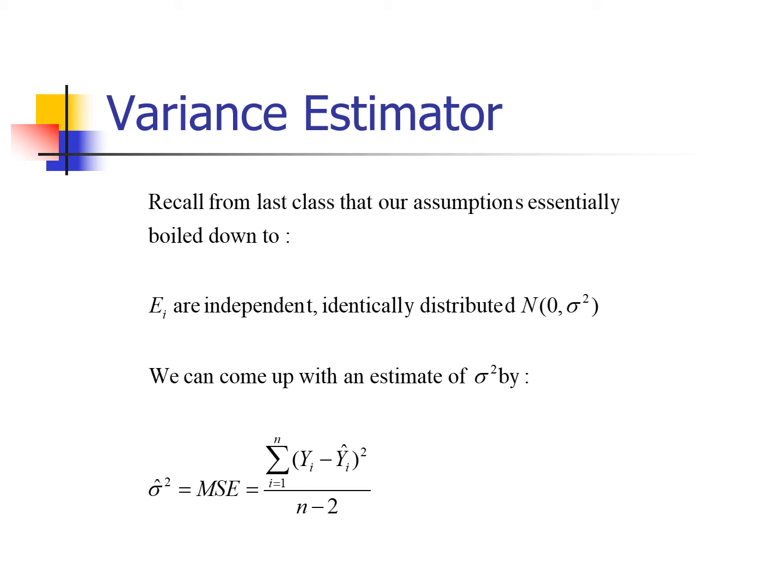It's an estimator of the true but unknown sigma squared. And so we have this MSE. What is it? The numerator of that fraction is just the SSE. So the MSE is the SSE divided by n minus 2.